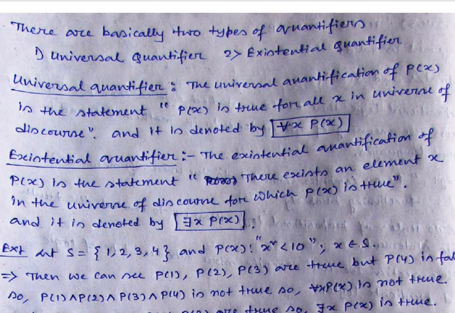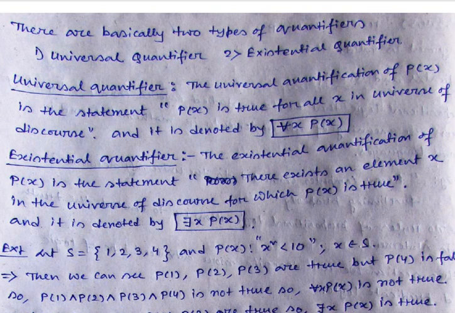If we can say there exists at least one value of x in the universe of discourse for which P(x) becomes true, then such a case is known as the existential quantifier. And what is the notation? That is, "there exists x, P(x)". Whenever you see "there exists x, P(x)", remember that it represents the existential quantifier.